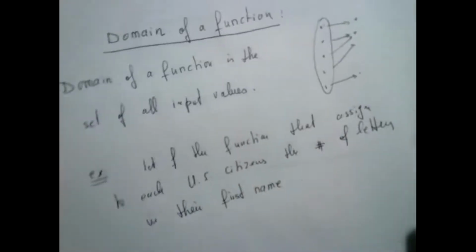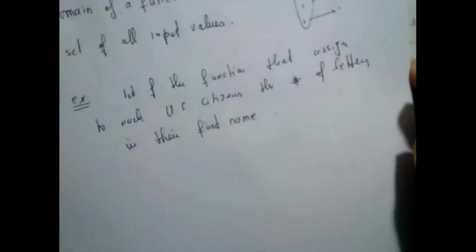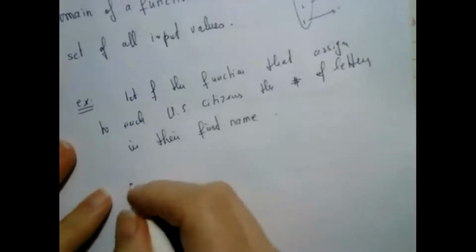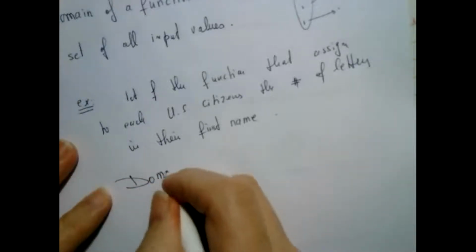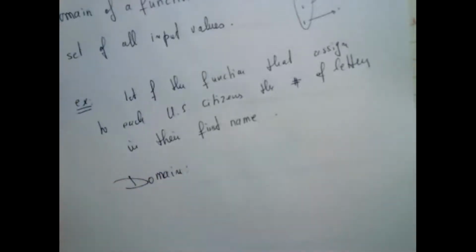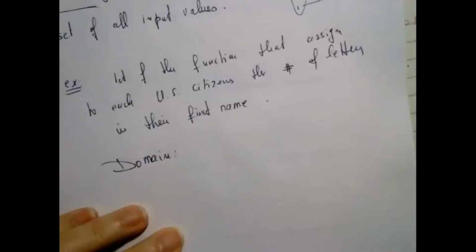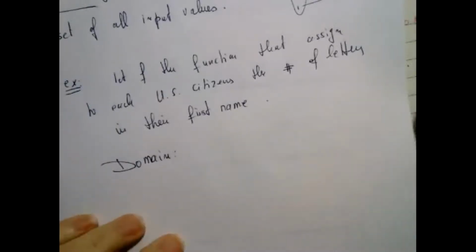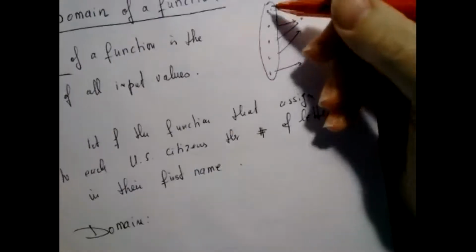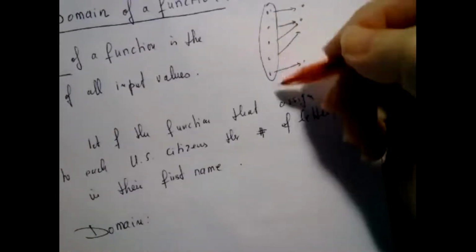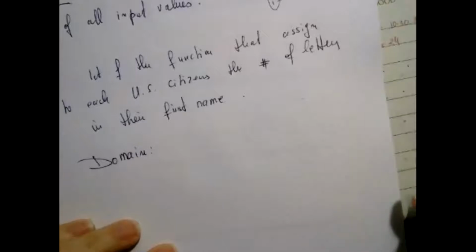Suppose we have this story problem. What is the domain of this function? We're trying to understand the meaning of the word domain. Can anybody try to give it a shot? The domain is all those inputs, all the objects that we assign something to.